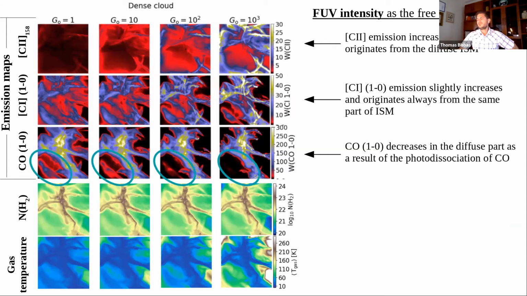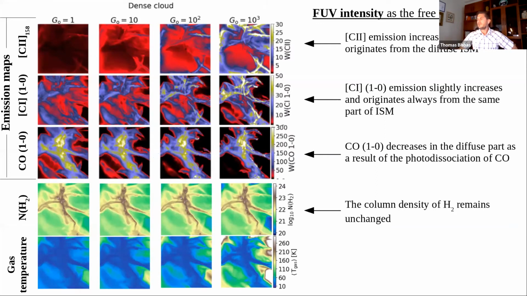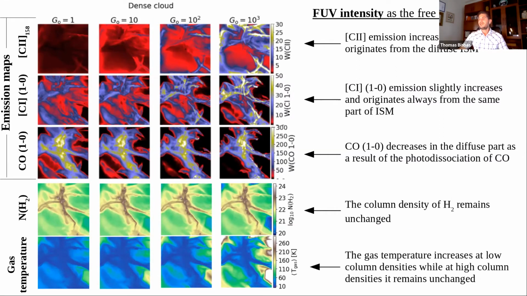And also, this region now disappears more and more. So the column density of molecular hydrogen also remains quite unchanged, and the gas temperature remains unaffected inside the dense filamentary structure, but in the outer parts where the column density is low, the FUV radiation heats up the gas, causing all this interesting chemistry.